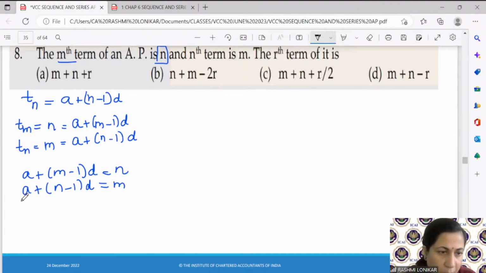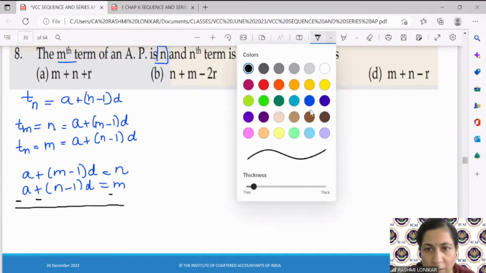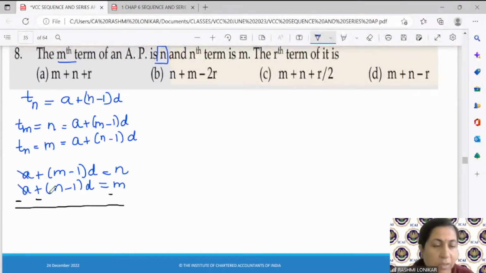So this plus will become minus, and this m will also become minus. So this plus a and this minus a will get cancelled. What will I be left with? m minus 1 into d minus n minus 1 into d is equal to n minus m.